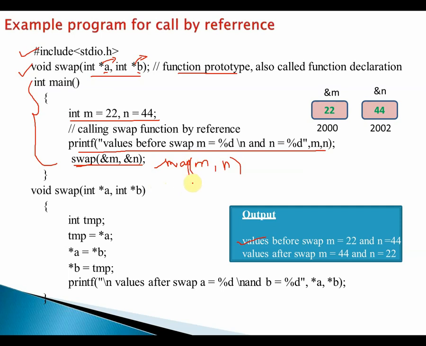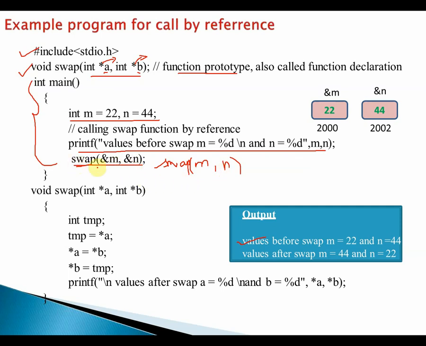Okay, I'm sorry about the handwriting, because of the pointer it's difficult to write. So this is the function swap, and m and n were the two parameters. These parameters were the actual parameters which were passed.